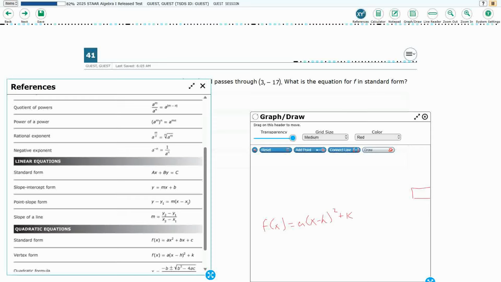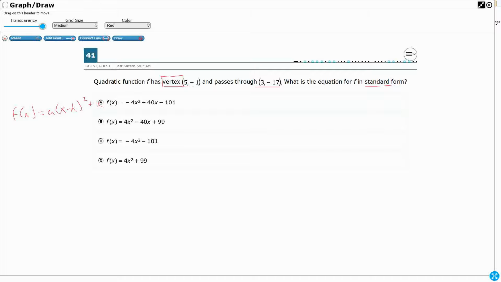Now I need to know what to do with the h and the k. Remember, that's going to be our vertex. So our h is going to be the x value of our vertex. k is going to be the y value of our vertex. So let's go ahead and plug that in. So f of x equals a times (x minus 5) squared, right?